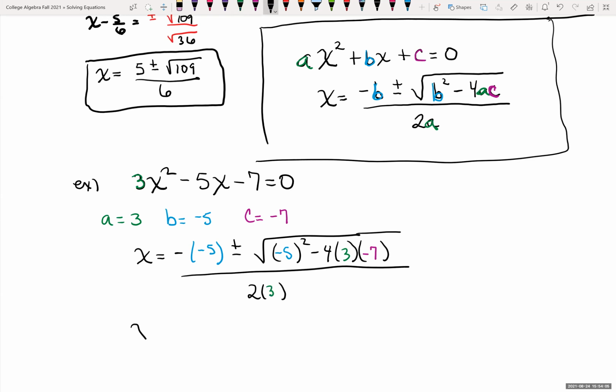So we're using order of operations to simplify. Negative of -5 is +5, plus or minus the square root. So -5 squared, that's 25, minus, multiplication comes first. But I have a -4 times a +3, that's -12, and -12 times a -7, we saw that was 84. So really plus 84 all over 2 times 3, which is 6.